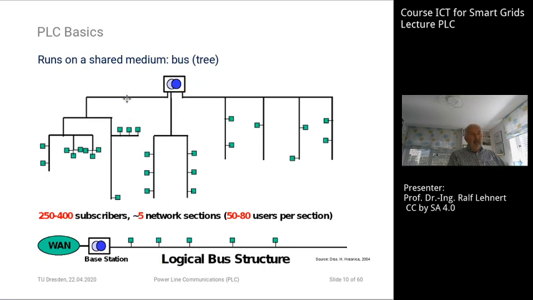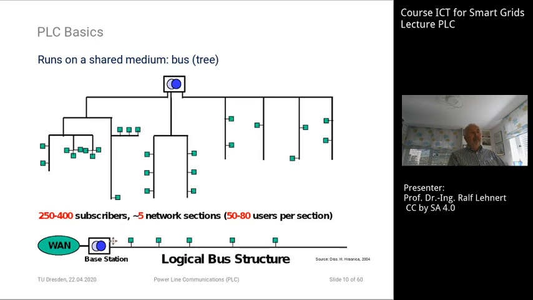That means we could also transform this topography into a logical topology where here the wide area communications network is connected inside the transformer compartment, and on the low voltage level there are many of these houses having different distances from the transformer to each of these houses.